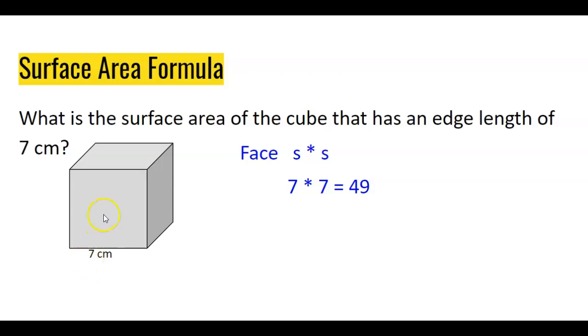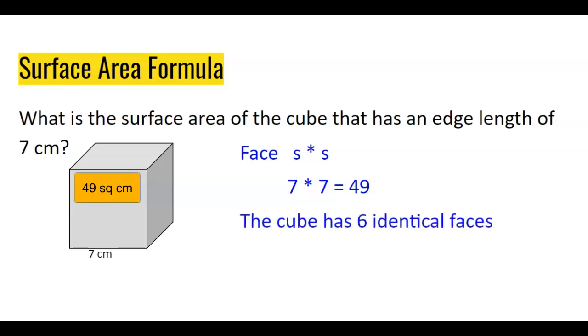So this face has an area of 49, and all the other faces are identical. They also have areas of 49. We have 6 identical faces. So we need to take 49 times 6, and we get 294 centimeters squared. That is the outside of the entire cube.